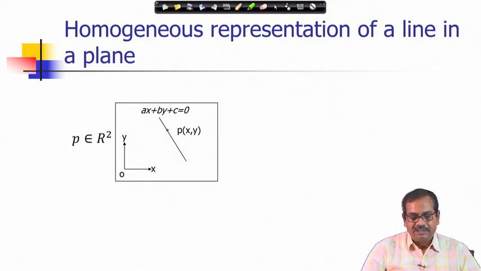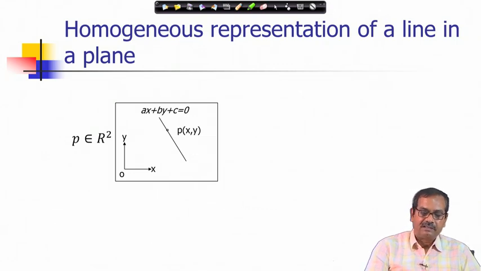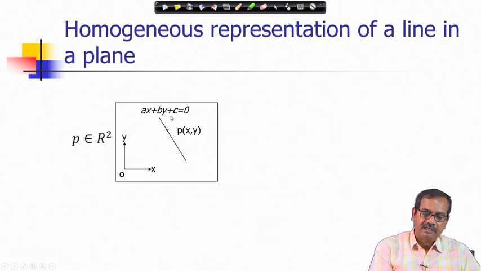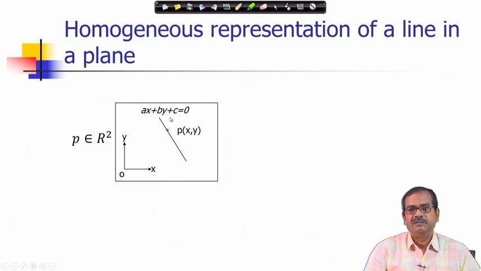Now, this representation itself, A, B, C, represents this straight line, and we know actually instead of 3 parameters, 2 parameters are sufficient, because the proportional ratios of A, B, C uniquely identify a particular straight line.